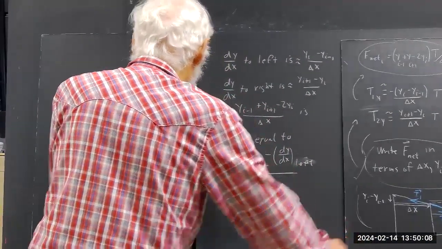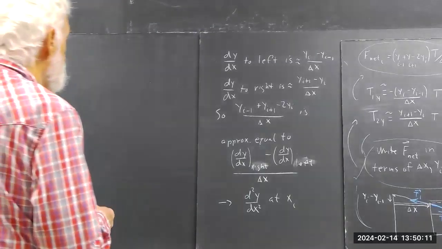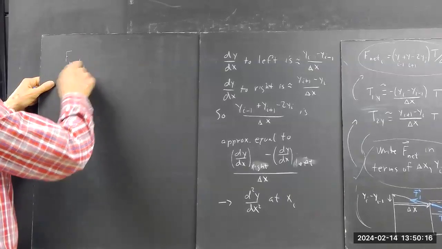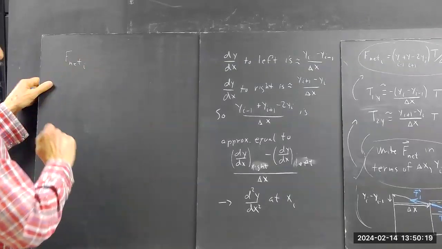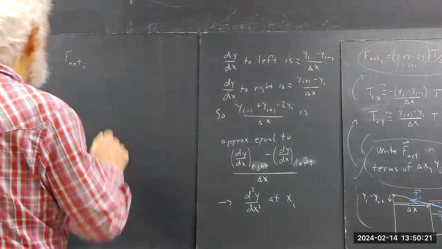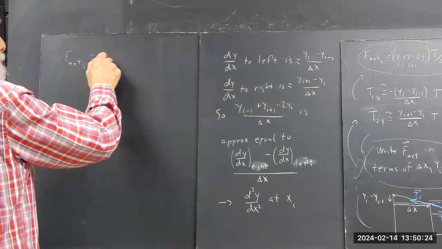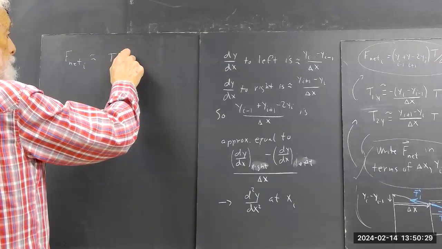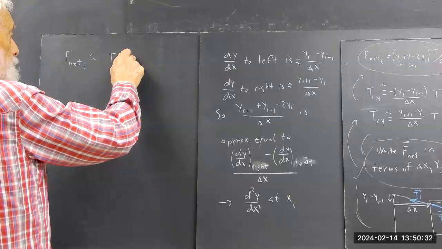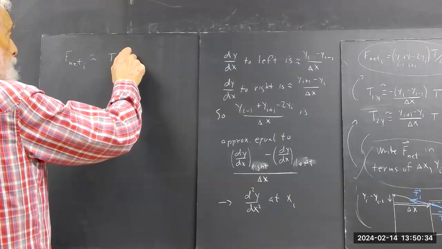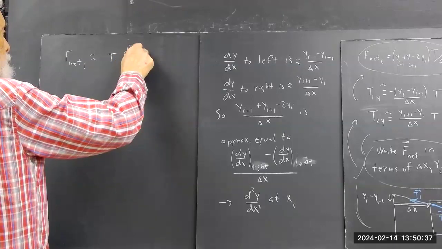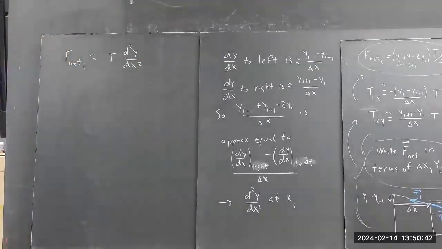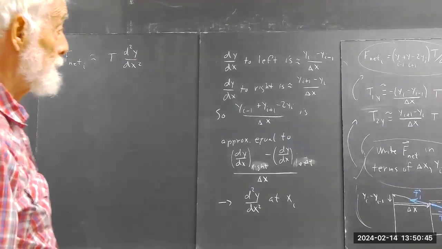I don't think I need much more board to finish this. So that F net i is approximately equal to the tension times the second derivative of y with respect to x.